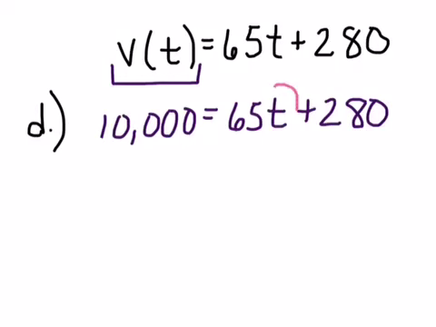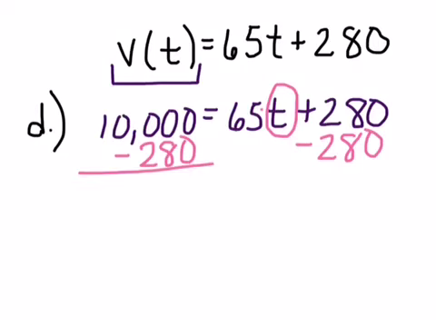So we just need to do a little solving here. We want T all by itself. So 65 times T plus 280. We want to do backwards order of operations. So we're going to subtract the 280 first since that's the number that's furthest away from our T. On the right side of our equation, that cancels. On the left side of our equation, we do that subtraction.